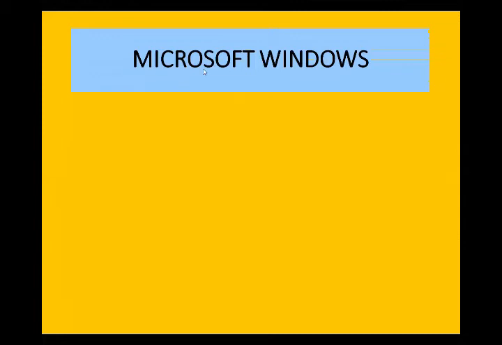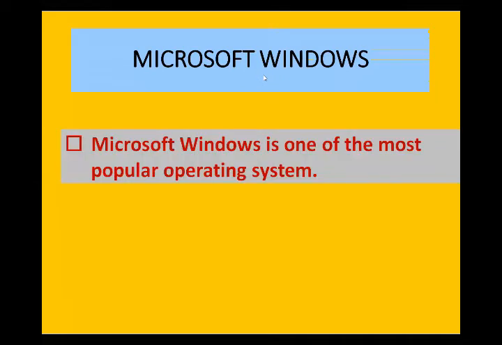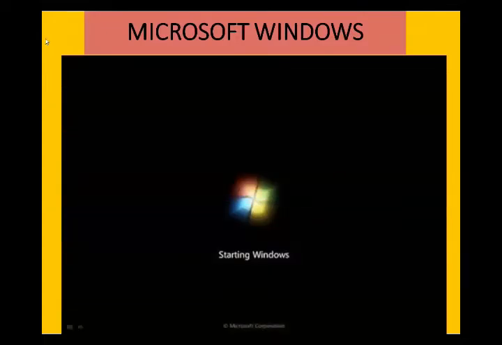Now we learn about Microsoft Windows. Microsoft Windows is an example of an operating system, and one of the most popular. When you start your computer, Microsoft Windows is automatically loaded.